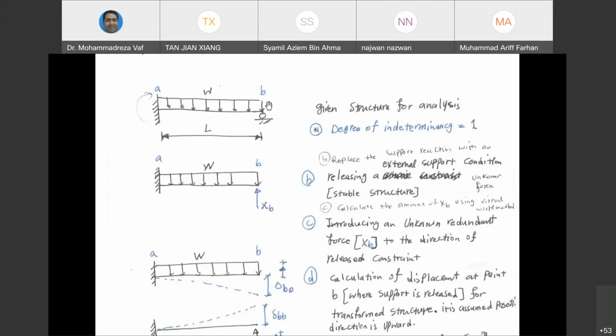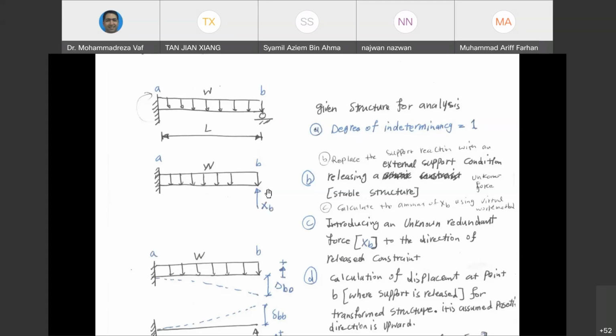Just write sigma M equals 0 at point B, sigma Y equals 0, and then you can get the others. So the next step after you determine the degree of indeterminacy is to select one of the support reactions as the redundant support, meaning that we want to calculate that support reaction.